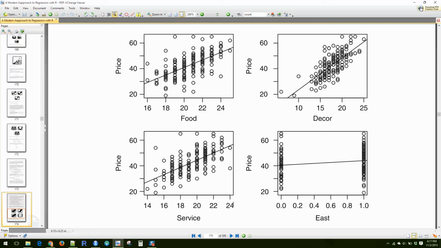And the reason is that for us to see if service in and of itself was significant, we would have to keep food and decor constant, okay? We would have to restrict food to some level, decor to another level, and then see how changes in service affect price.